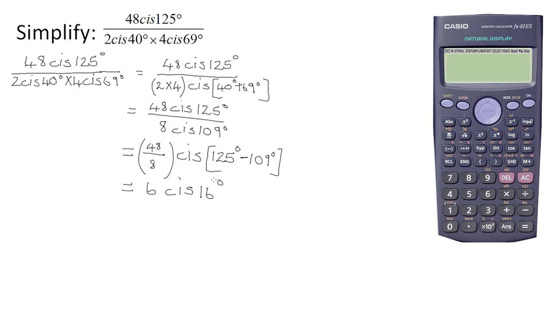Now, you can stop there, but the question just states simplify, so we need to play safe. Let's simplify this to the standard form. What does that mean?